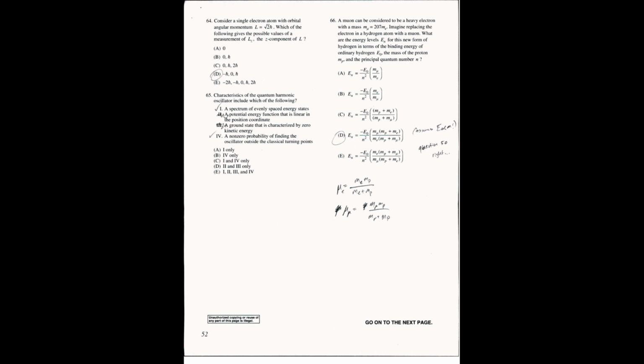Okay, 64. An atom has total angular momentum given by this formula, square root of L times L plus 1, times h bar.